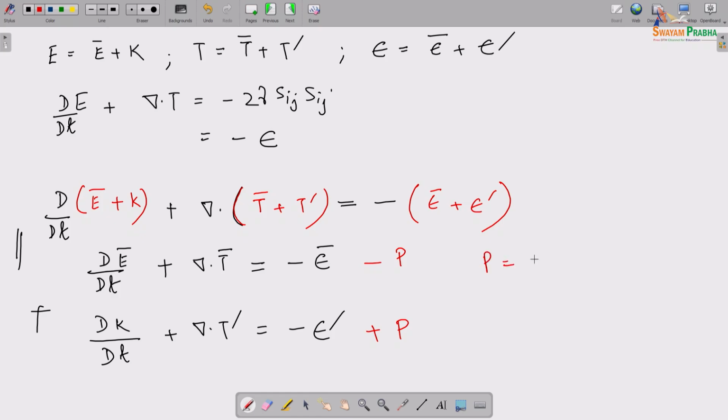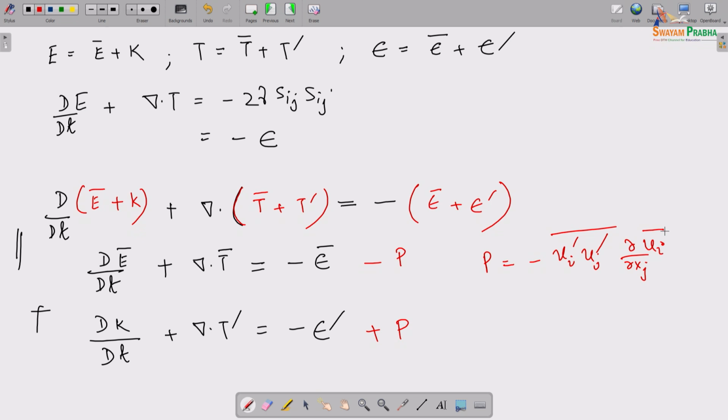So this we found out to be equal to that, and you take a mean of that. That is the mean. And again, here we found that this is the contribution to the viscous dissipation. We've spoken about this earlier. Then what is this P?